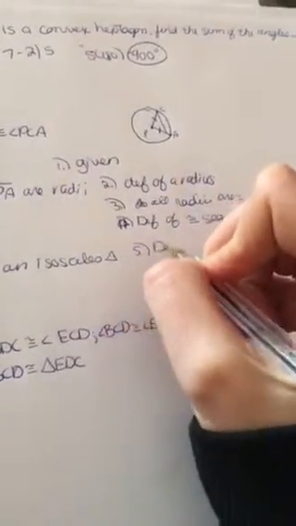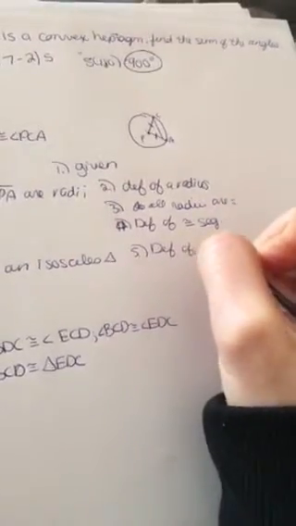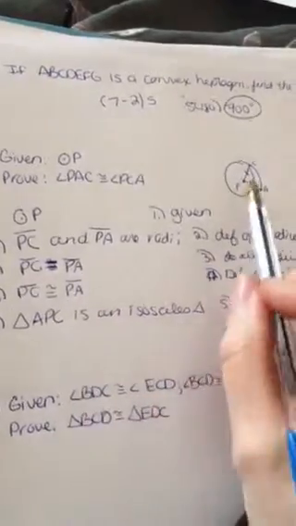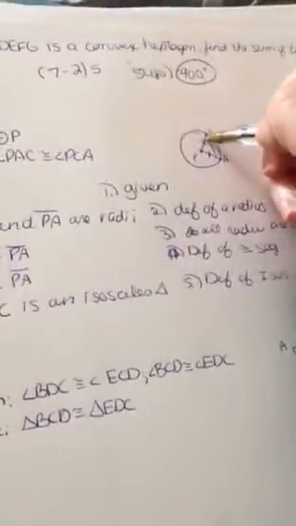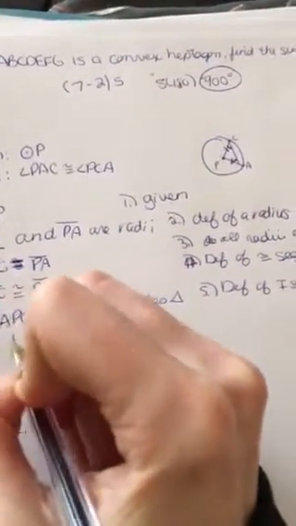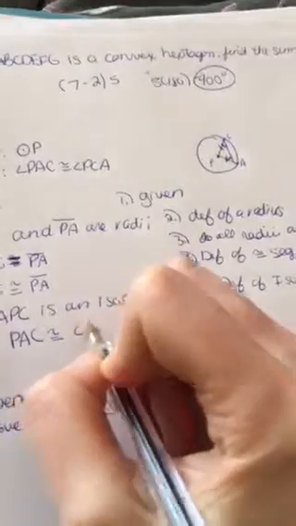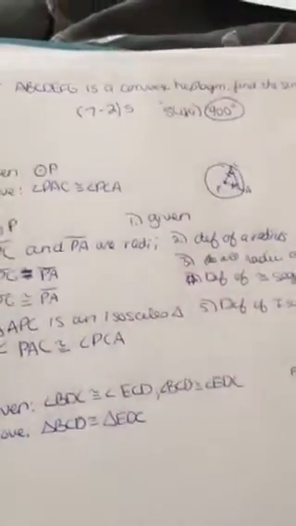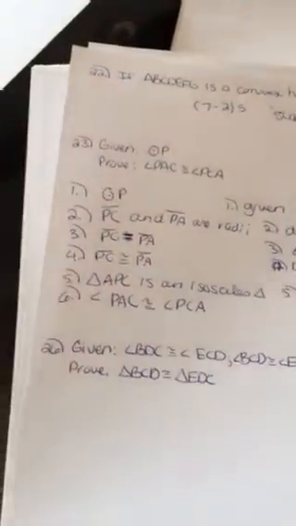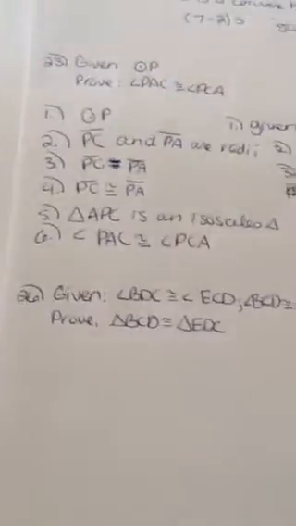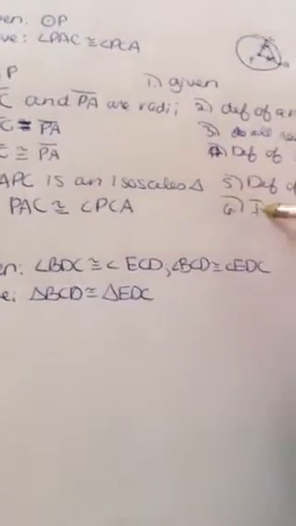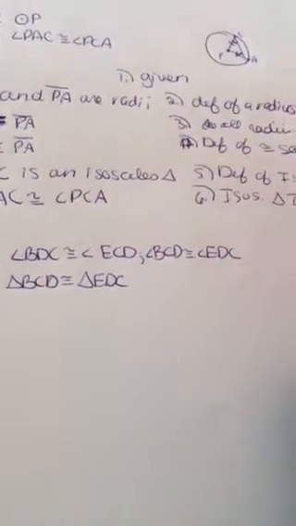By the definition of isosceles triangle, it has two sides that are equal. If the two sides are equal, then we know that these two angles are also equal. And so we have angle PAC is congruent to angle PCA. And that would be isosceles triangle theorem. Okay, so that is done.